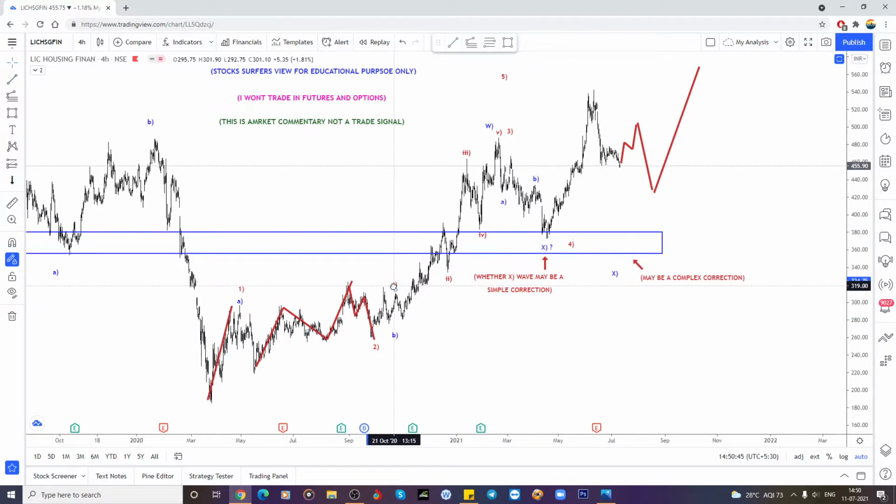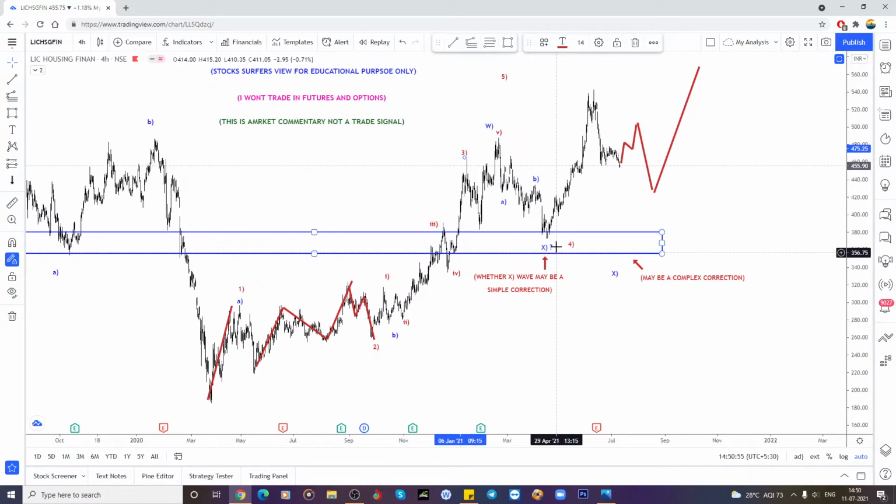So this is the wave 1, this is the wave 2, this is the wave 3, this is the wave 4, and this is the third. So this is the fourth, and this could be the fifth here. So this is the end of the trend. In that, forget about this WX.